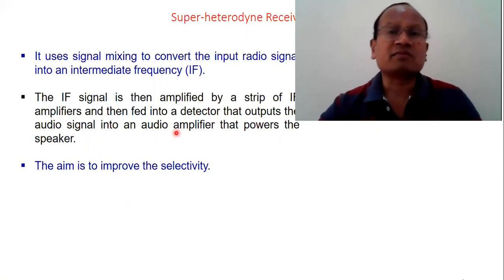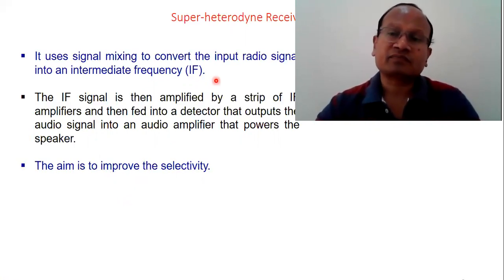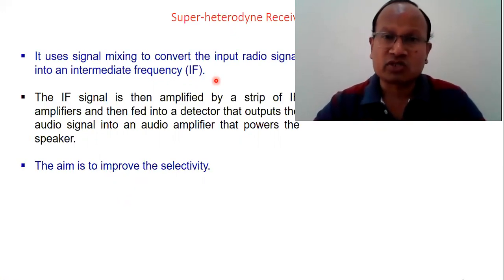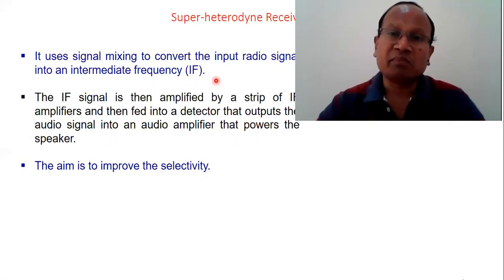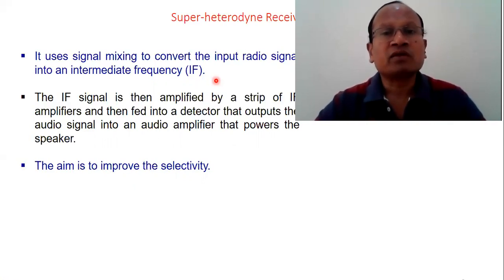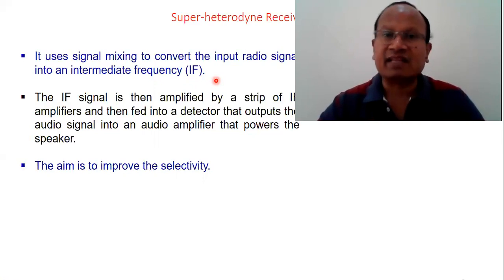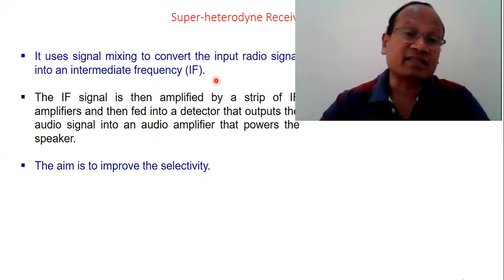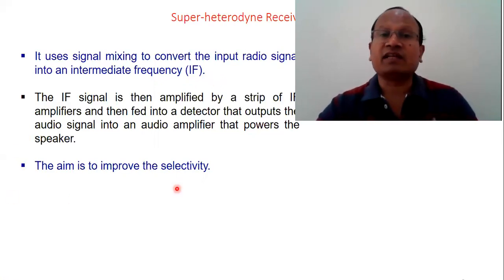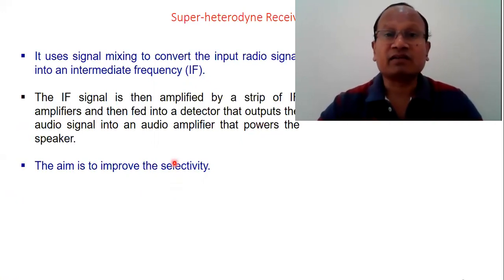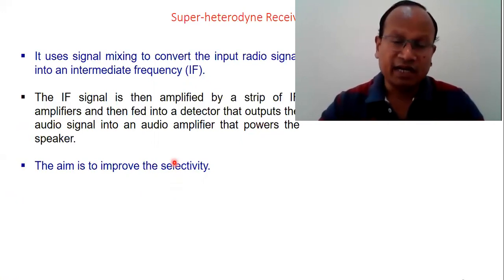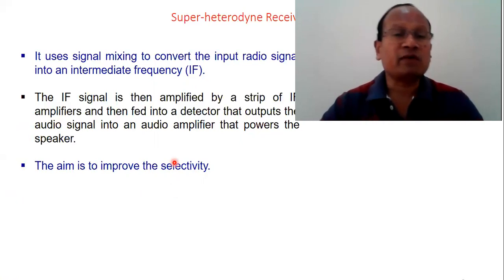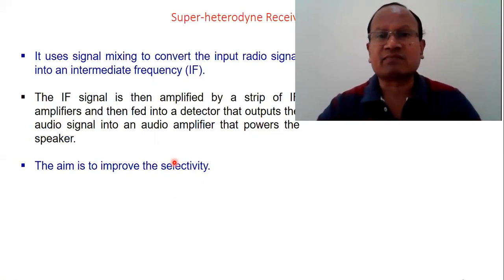So the aim, as I mentioned, is the RF amplifier. In the simple AM receiver, we have used an RF amplifier. The RF amplifier is mainly used to improve the sensitivity in the receiver. Now there is another term, selectivity. We will discuss this term later in this lecture, but we must know what selectivity is.